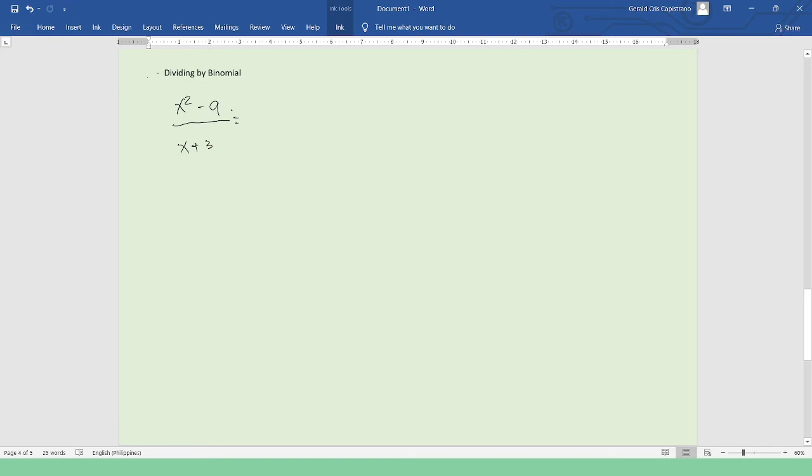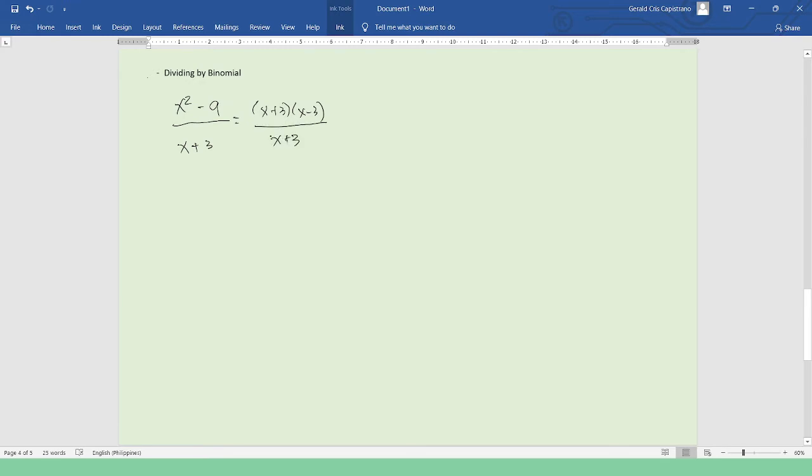Basically, we just need to factor this out. Okay, itong x squared minus 9. So, kung may nakakaalala po sa inyo difference of two squares, this is just equal to x plus 3 times x minus 3. Okay? So we have there x plus 3.